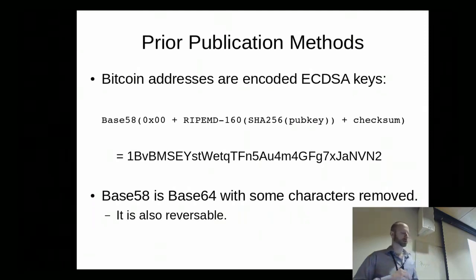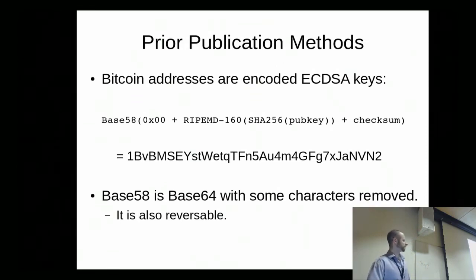So now I'm going to go into the first method that somebody used to put data into the blockchain. A little bit of background on this first. To generate a Bitcoin address, this would be basically how it's structured. You start with an ECDSA key, the public key, and you run two hash functions on it: first SHA-256 and then RIPEMD-160.